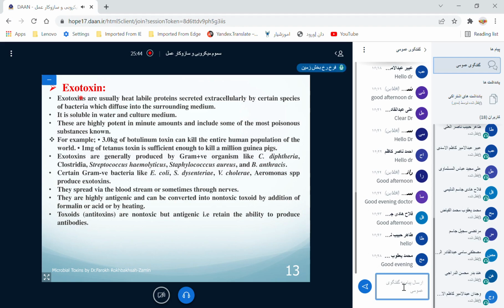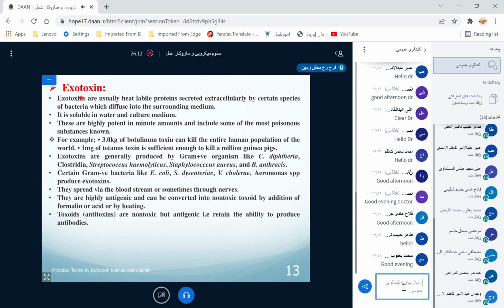One exotoxin from one microbe may be completely different from another exotoxin. And sometimes one bacterium produces many different exotoxins, each of which does a specific job.